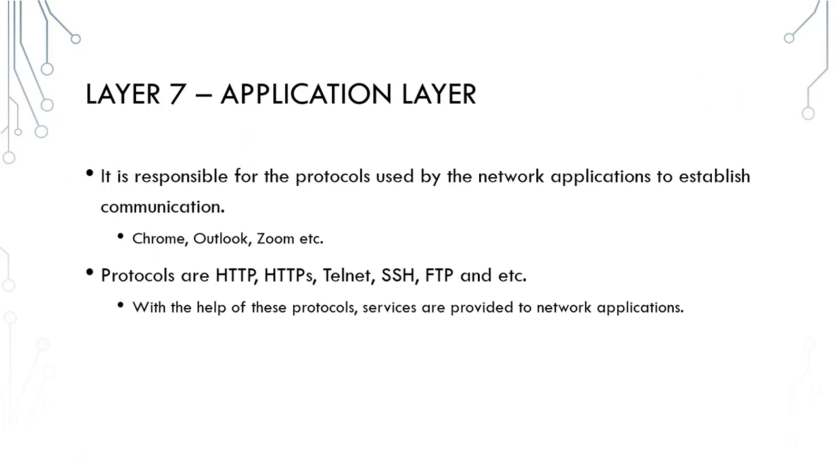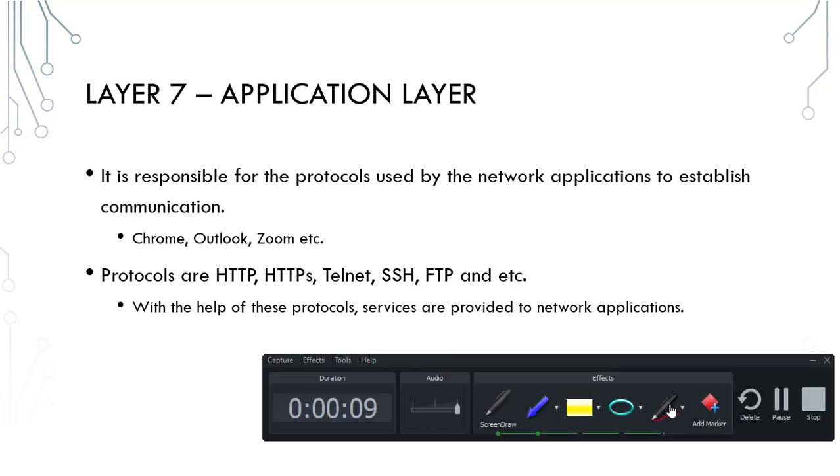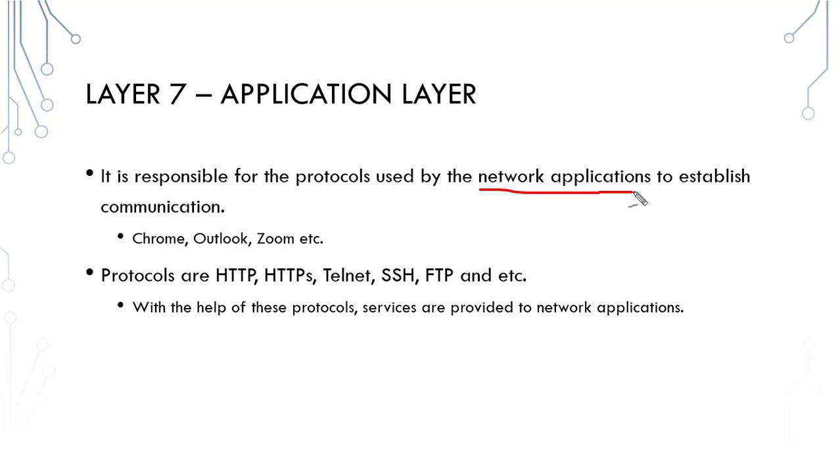Finally, we have the application layer. It is responsible for the protocols used by the network application to establish communication. Examples are Chrome, Outlook, Zoom. Please note that not every application works at the application layer. Only those applications which are network aware, like Firefox and MS Office, in which you can actually log in.